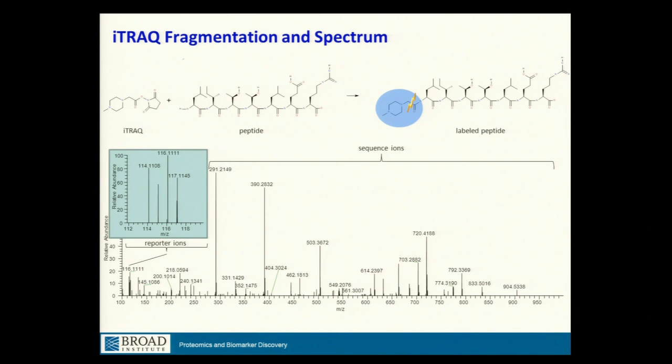You might see something like this, where if you look at the whole mass spectrum, you get lots of ions here that correspond to the backbone amino acid sequence of the peptide. But if you look in the region from 114 to 117 m/z, you can see 4 ions that might correspond to the 4 different variations on the iTRAQ reagent that I showed you on the last slide.